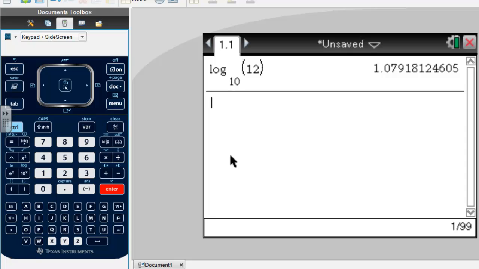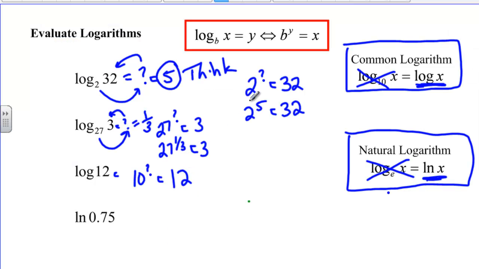Now if you have an 84, there's a log button, so you just press log of 12, and you can see it's some crazy decimal. It's an irrational number. And we're going to round it to 3 decimal places, and we're going to call it 1.079. So let me flip back here, and we're going to say this right here is approximately, we'll use squiggly equal signs, 1.079. And that's our approximate answer.